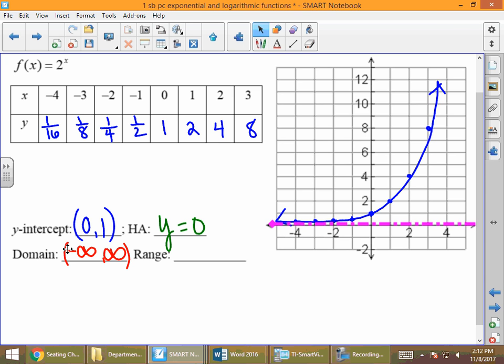And in this case, our blue part of the graph never touches that purplish colored line, nor does it go below, which means that our range is going to be from 0 to infinity, above that line. 0 is not part of that.